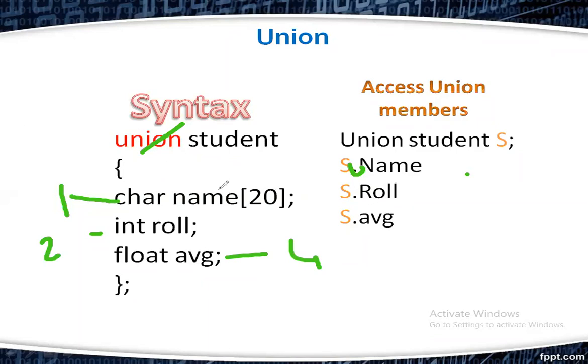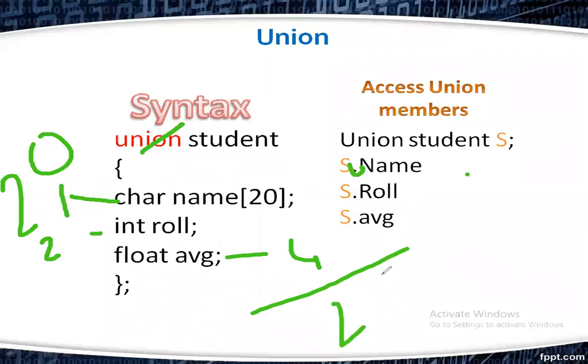The name occupies totally 20 bytes. Roll number occupies 2 bytes. Float occupies 4 bytes. So totally 20 plus 2 plus 4, 26 bytes are occupied here.